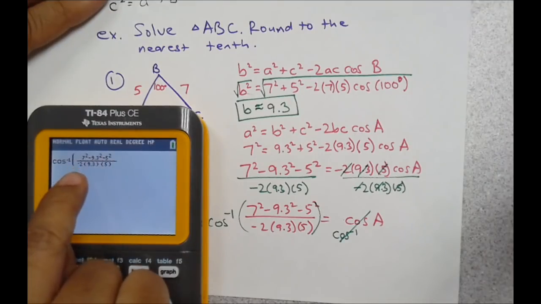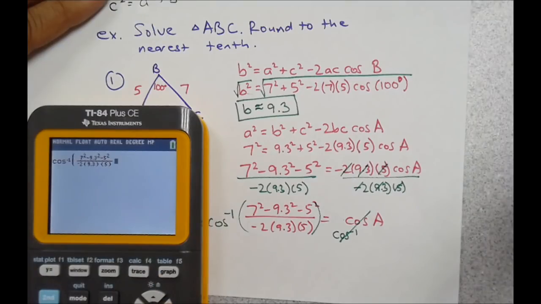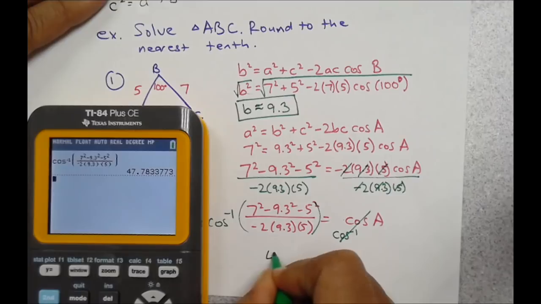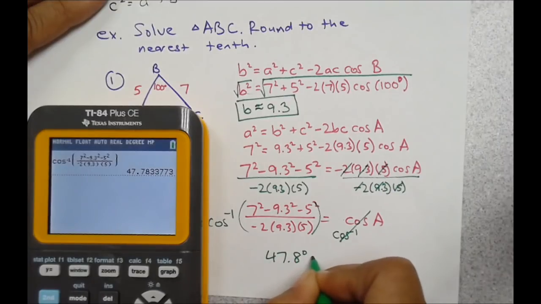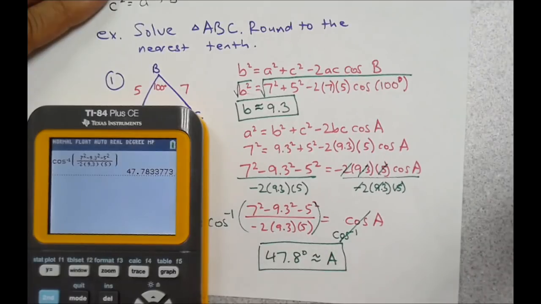Keep in mind you have to put a negative symbol, not a minus sign there. Otherwise, it'll say error. And this is going to be approximately 47.8 degrees. And that's for the measurement of angle A.